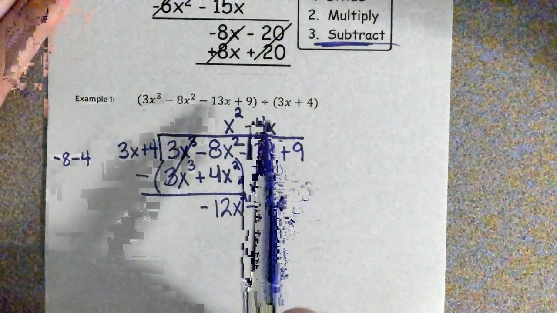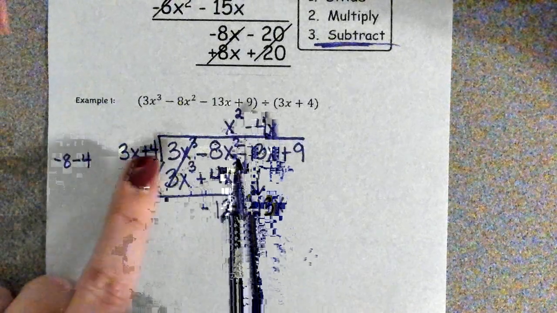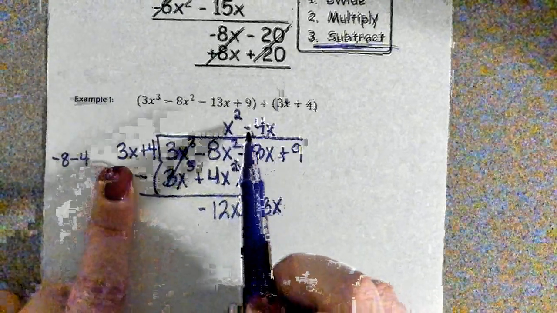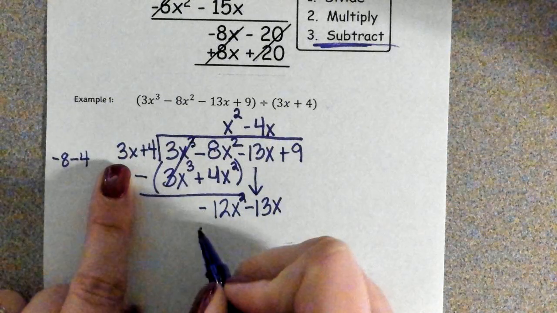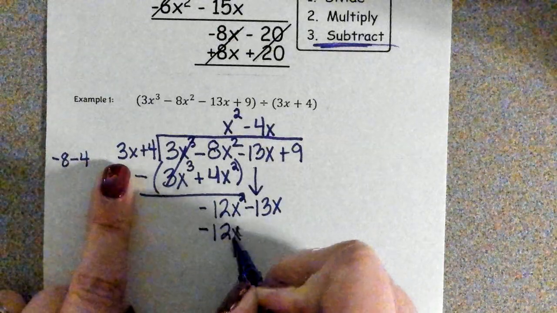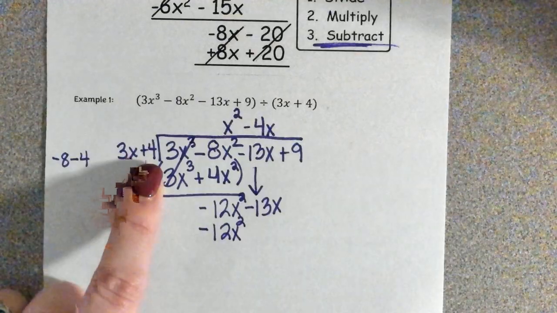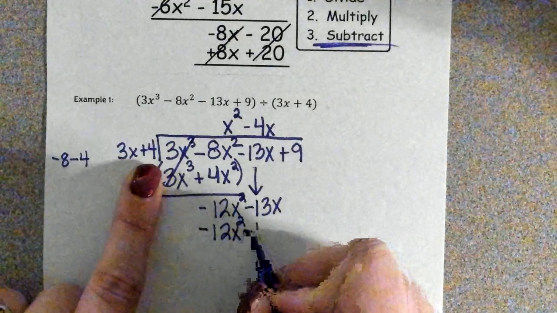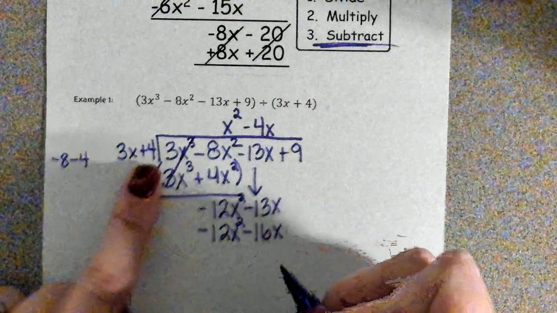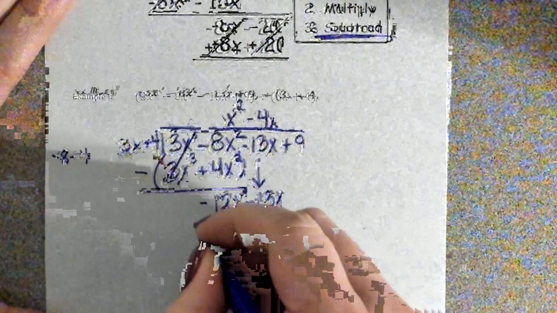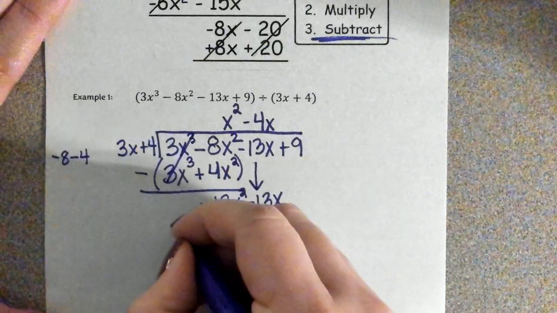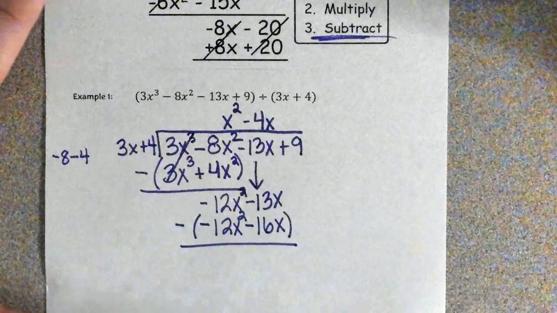So then I'm going to take negative 4x times everything on the outside. So negative 4x times 3x, that's my negative 12x squared. Negative 4x times 4 is minus 16x. And then we take this whole thing and subtract.